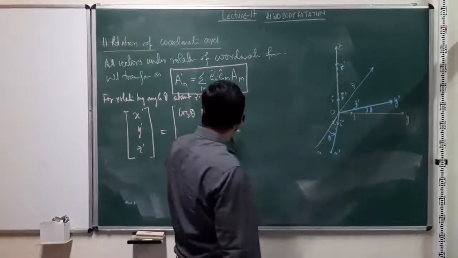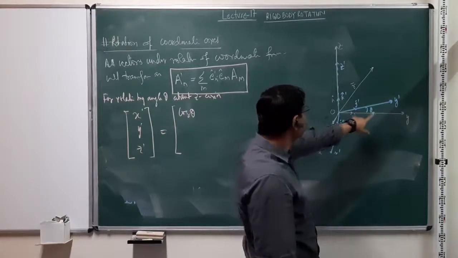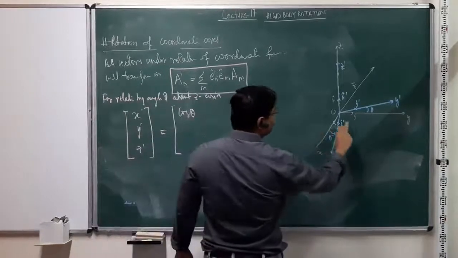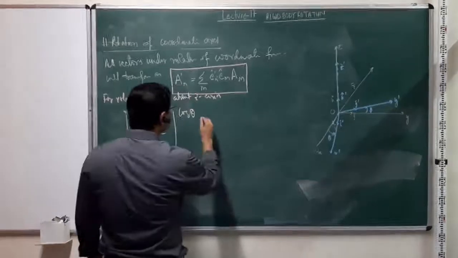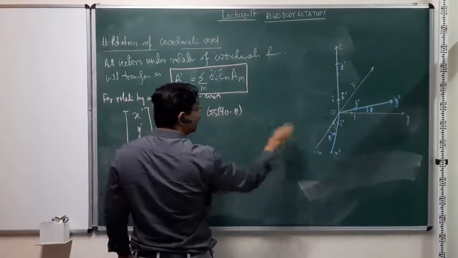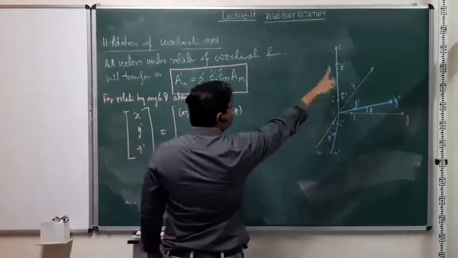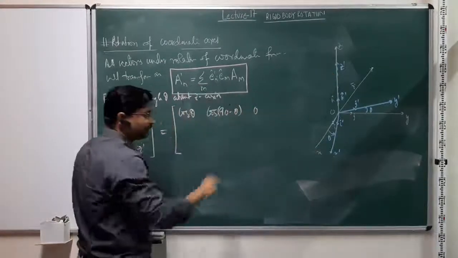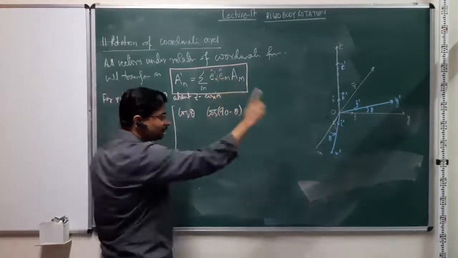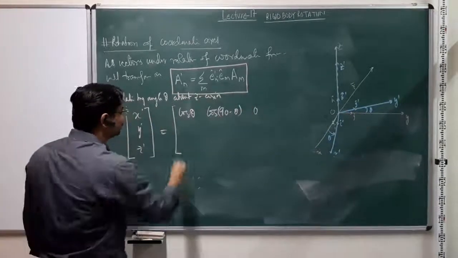And then we had i prime cap dot j cap, which is basically cos 90 minus theta, and i prime cap dot k cap, but the rotation is about z, so this is simply going to be equal to 0 because the k unit vector is still perpendicular to i and j. i and j are still in that same xy plane.